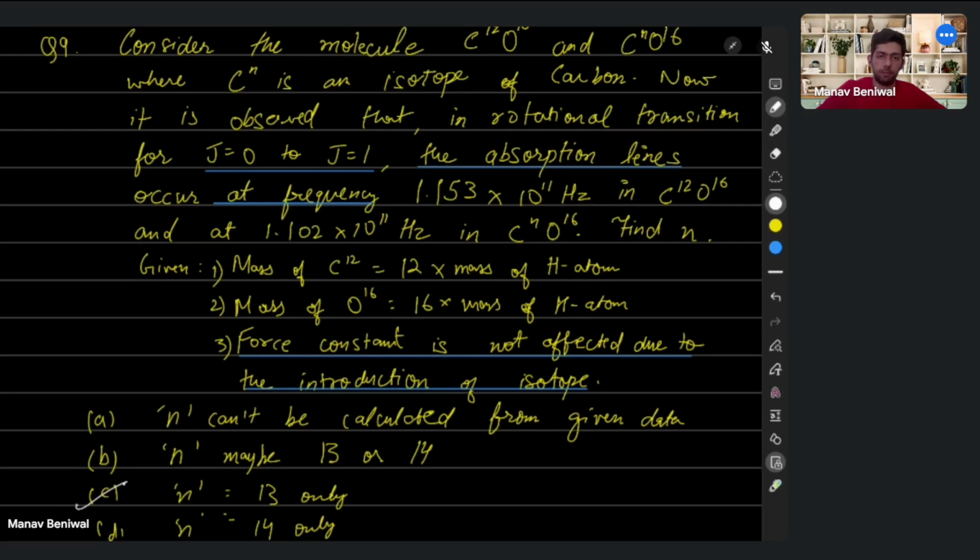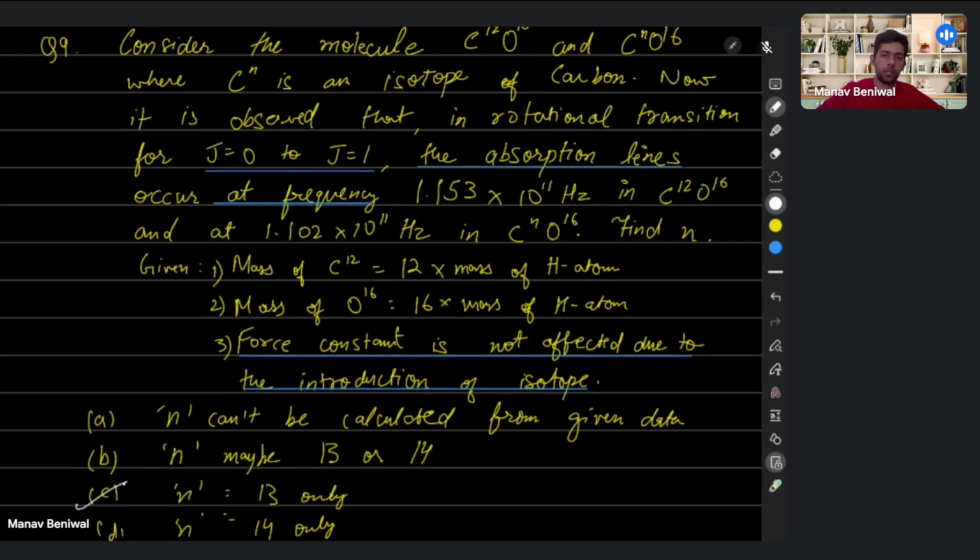To do that, we have performed absorption spectroscopy, and we see that when the transition from j equals 0 to j equals 1 is happening, we are getting different frequencies for both cases.